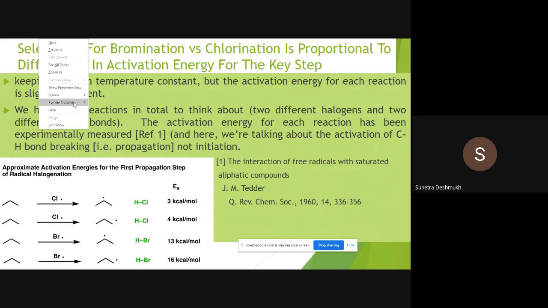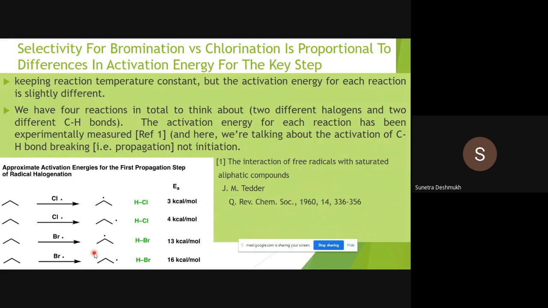For secondary halide formation, the energy of activation is 3 kilocalorie per mole, and for primary halide formation in the case of chlorination, the energy of activation is 4 kilocalorie per mole. So the difference between primary and secondary halide formation is only 1 kilocalorie per mole.